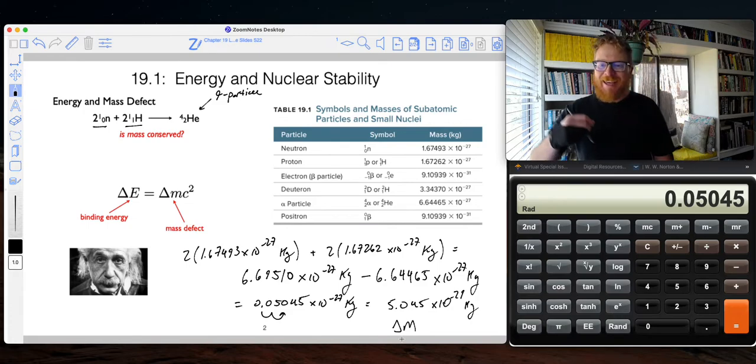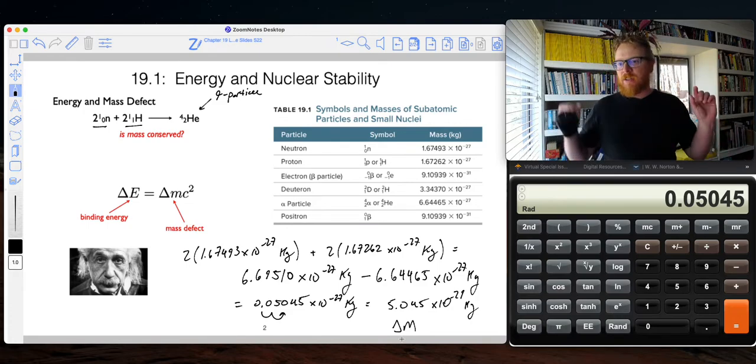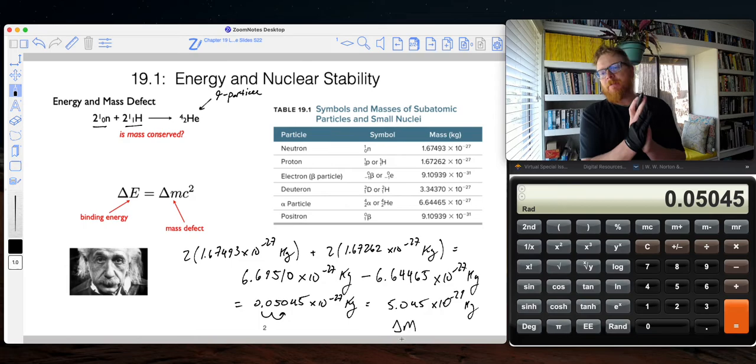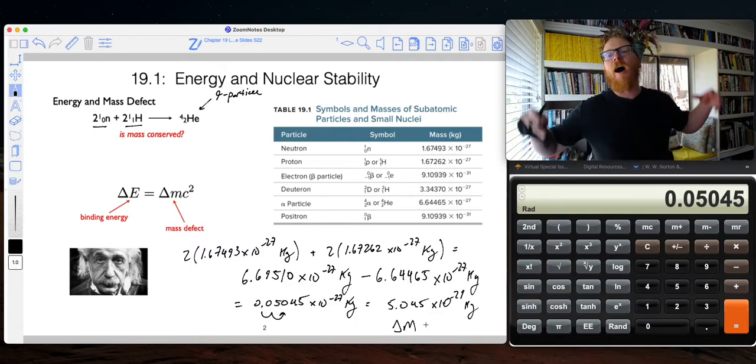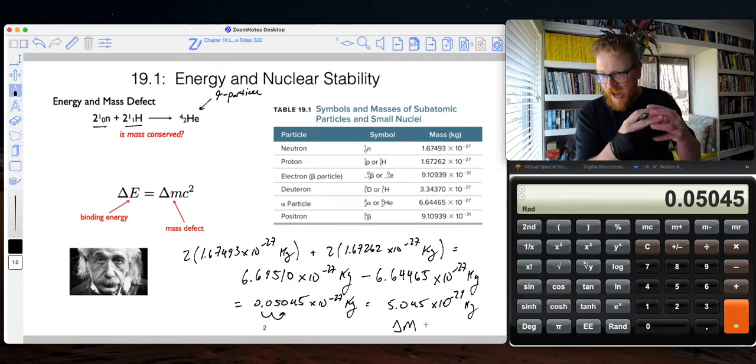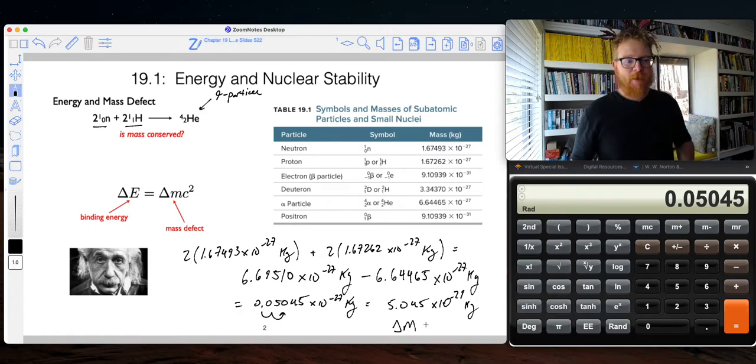If we take 2 neutrons and 2 protons and slam them together, we get a mass that's lighter than expected. That's because some of that mass, the delta M, is converted into energy upon creating the nucleus. We can relate that to E equals mc squared, which is really cool.